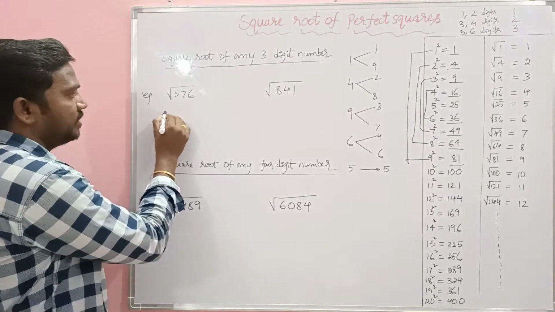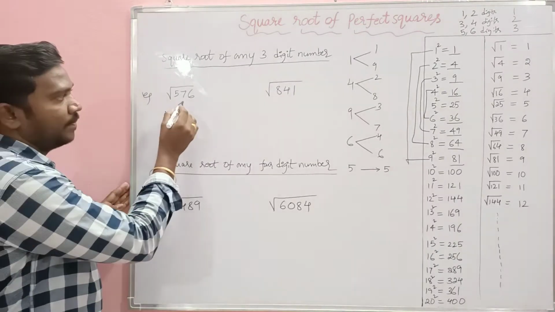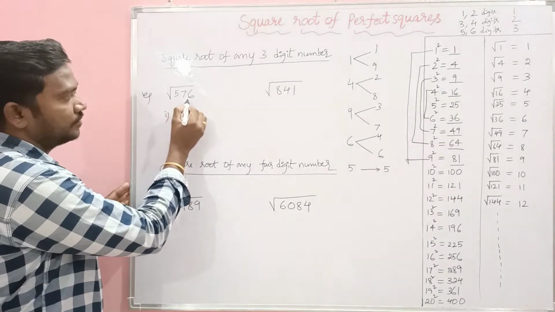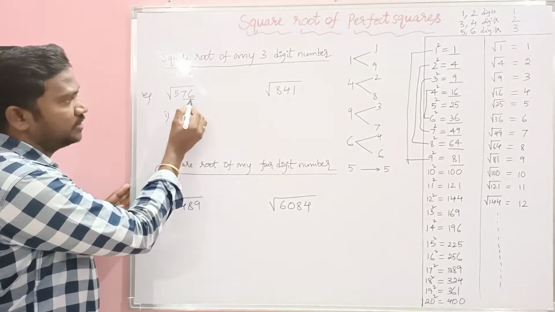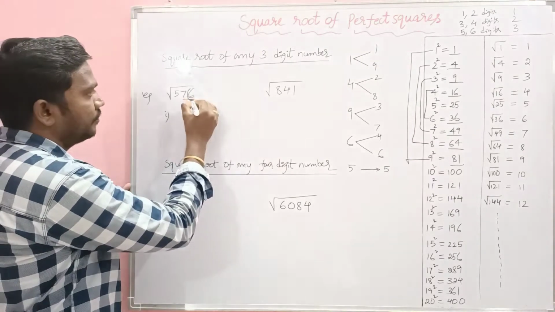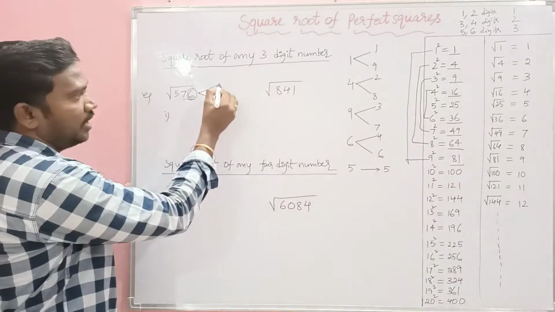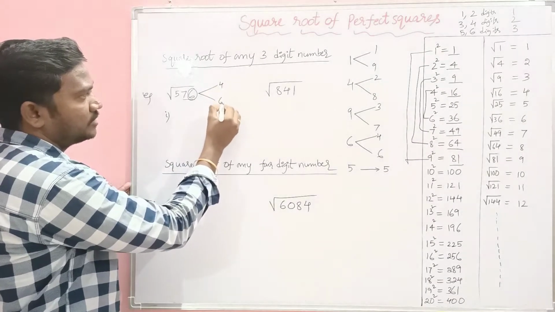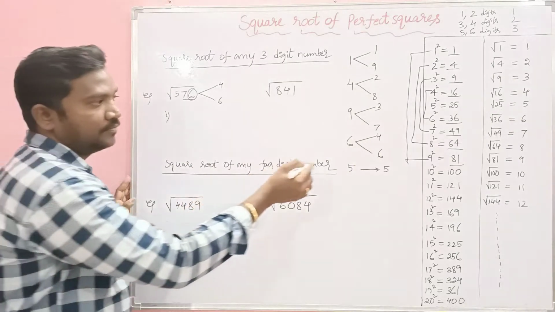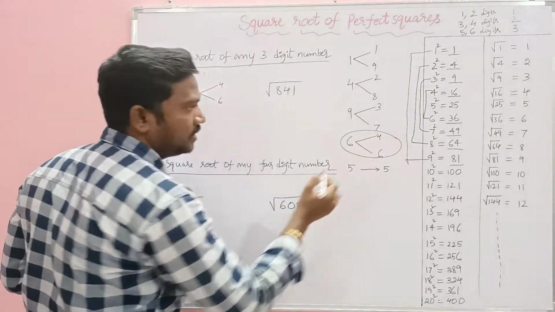See, the first step is, here the question has 6 in the units place. So the answer will also have 4 or 6 in the units place, because we have already seen that.